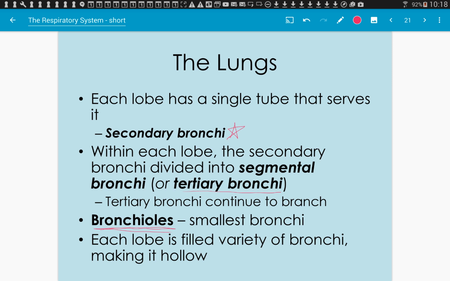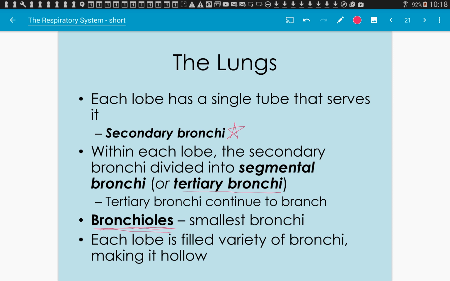And then you get the same thing over here, but it's the left primary. So those go to each side. Now, when we branch to the different lobes, the primary bronchi branches into, what do we call it? Secondary bronchi. So let's see, the right side, how many lobes do we have? 3.